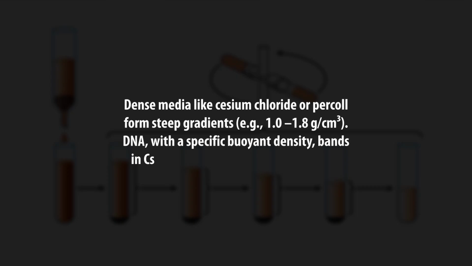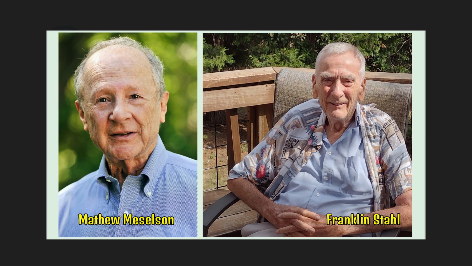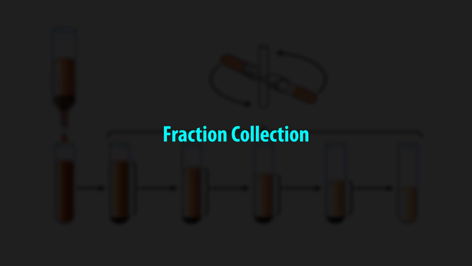DNA with a specific buoyant density bands in cesium chloride at 150,000 g after 24 to 48 hours. This method excels at separating particles with similar sizes but different densities, such as mitochondrial subtypes. Used to demonstrate semi-conservative replication, which is the Meselson-Stahl experiment of 1958. Fraction collection.